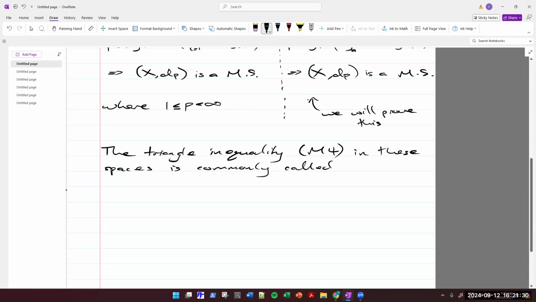Let me get his name correct, the spelling. Minkowski, Minkowski's inequality. So Minkowski's inequality is nothing but the triangle inequality for each of these spaces.